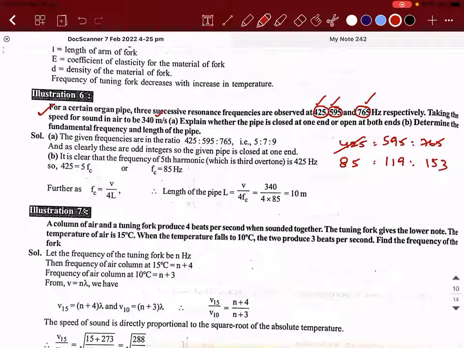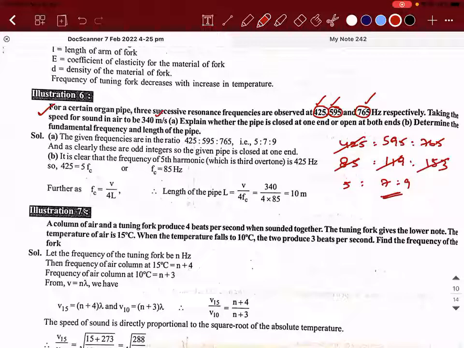All right. So I think everything should be divisible by 17. 17 fives is 85, 17 sevens is 119. So this should work. So 5 is to 7 is to 9 are the frequencies.